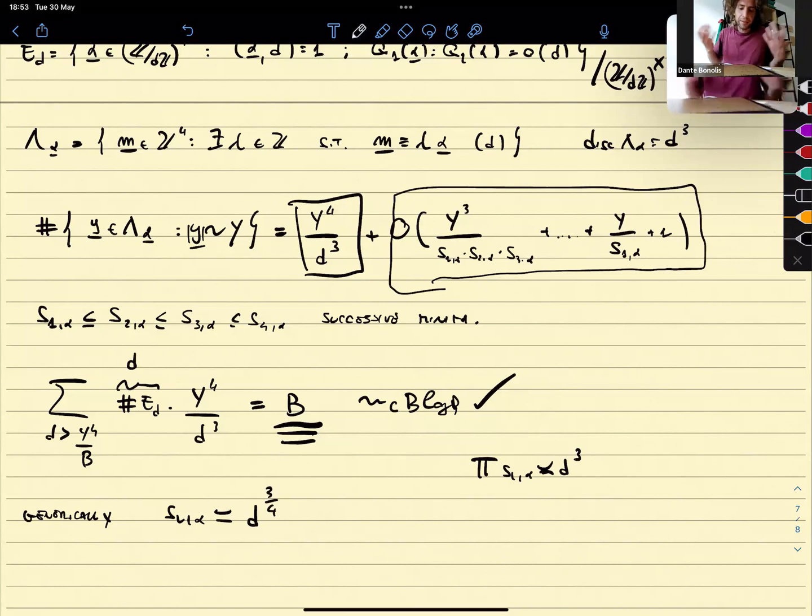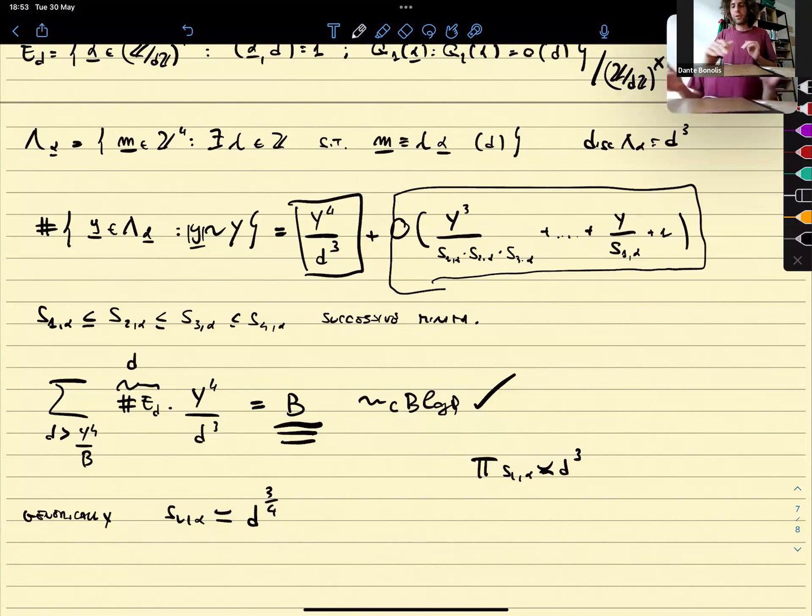But of course, this is generically what we expect, while if we take special values of alpha, this is not true anymore. And actually, the big part of the paper is to show that generically, on average, all these lattices are well shaped, and so all the successive minima have the same size.